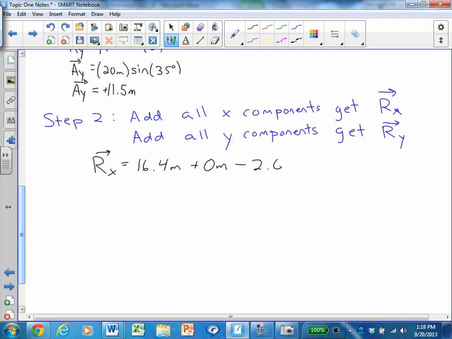Gotcha. Because the component in the x direction for the first vector was 16.4, the component in the x direction for the second vector was 0, and the component in the x direction for the third vector C was minus 2.6. So that gives us 13.8 meters.